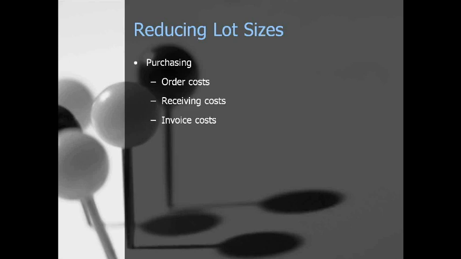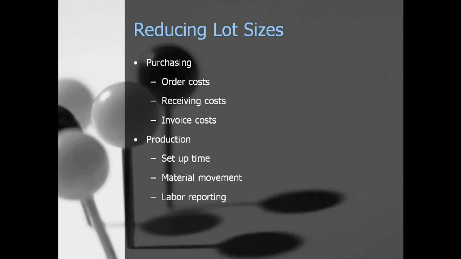The vendor delivers it to the stocking location, and the payment of the invoice is done as a byproduct of the production process itself. So reducing lot sizes of purchased items, you have to tackle these three costs to make it financially viable. Now let's talk about production.